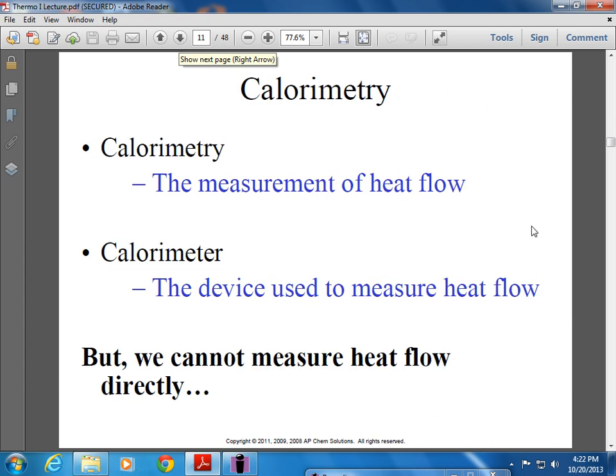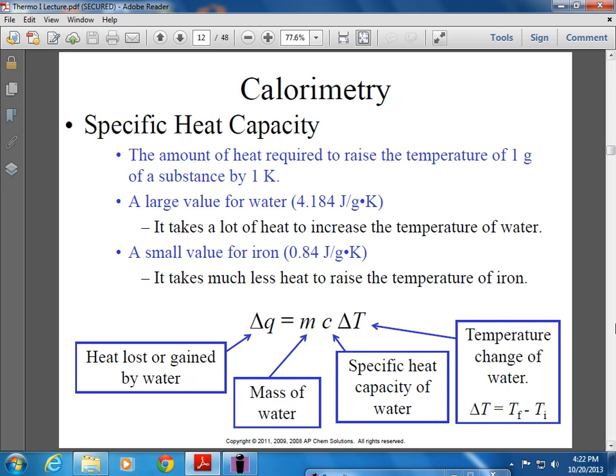This is going to really measure heat flow, and a calorimeter is the way that we measure that heat flow. We can't measure the heat flow directly within calorimetry, but we can look at how it changes temperature. So we use an equation in calorimetry called the specific heat equation.